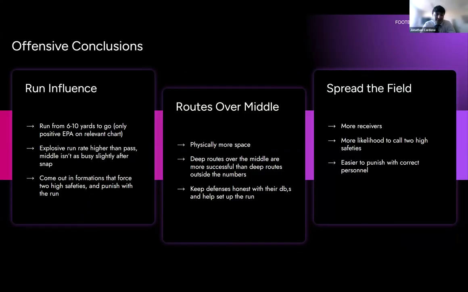And then, just finalizing our offensive conclusions: spreading the field, coming out in sets with more receivers, whether it be trips left or any kind of spread where we can utilize the receivers, you make the defense assume that it's going to be a pass play, especially where there's 6 to 10 yards to go when you need a first down. And so the defense is more likely to call a two-high safety set. And with the correct personnel and game plan, it's easier to punish that formation when you're expecting that.